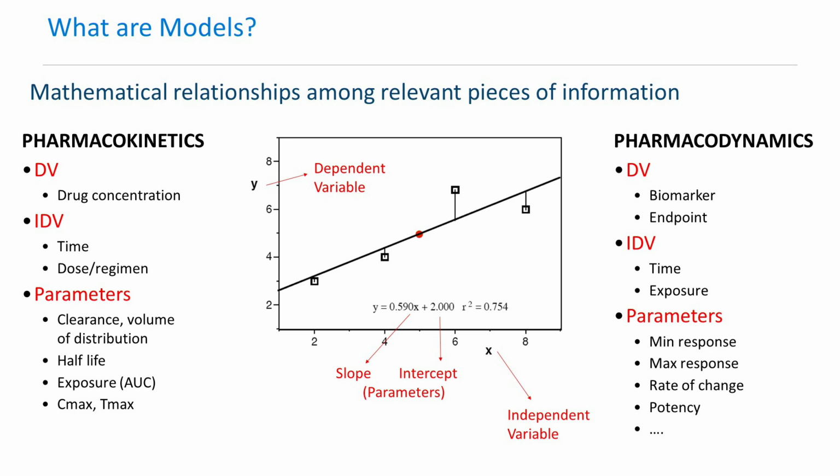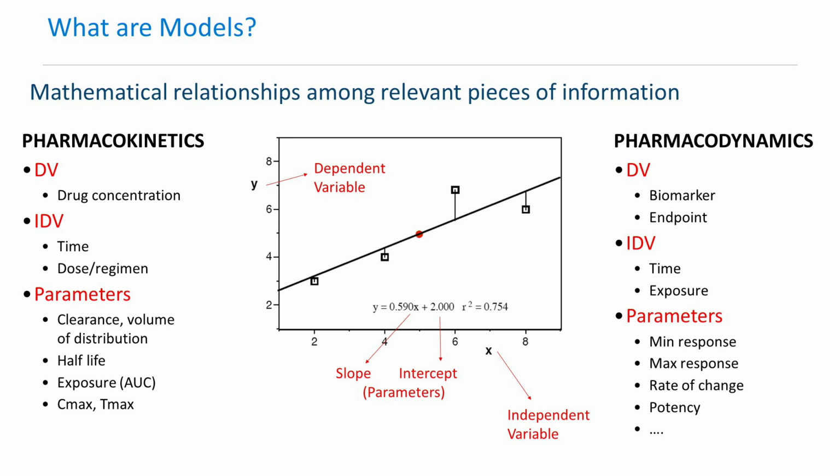For pharmacodynamics, the dependent variable may be something like a biomarker or a clinical endpoint, a surrogate endpoint, for example, or blood pressure. Sometimes these are yes/no. Pharmacodynamic variables tend to be much more heterogeneous than pharmacokinetic.